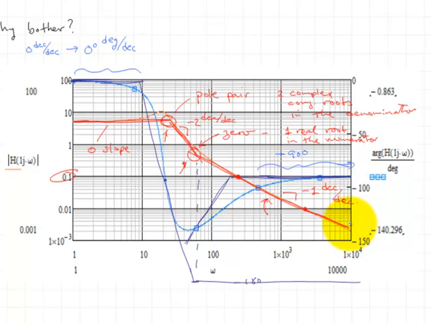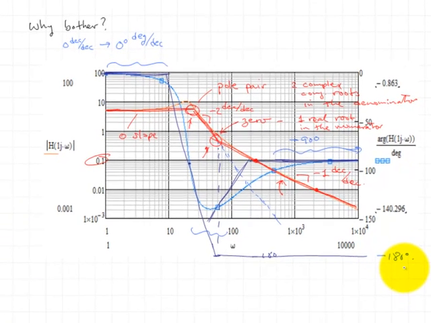If, on the other hand, it has a slope of -2, like in this middle section here, all right, if we never had encountered this 0, but we just continued coming down at this rate, then the asymptotic phase would have been -180.